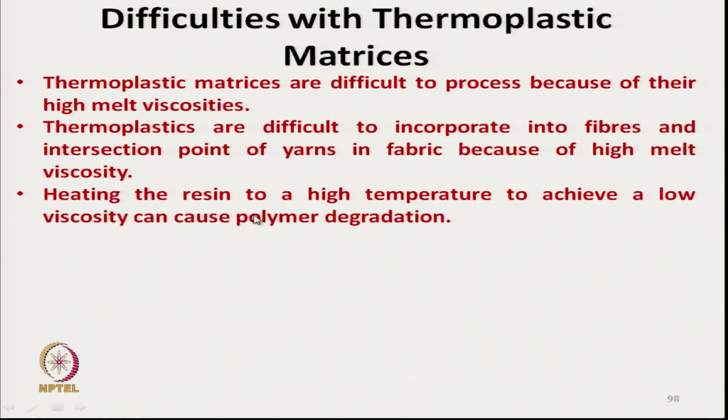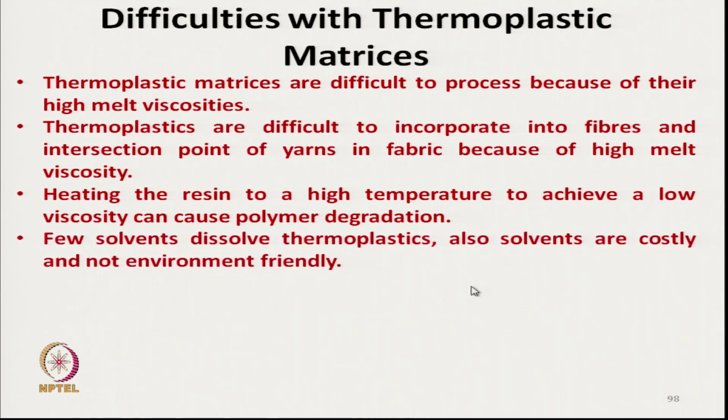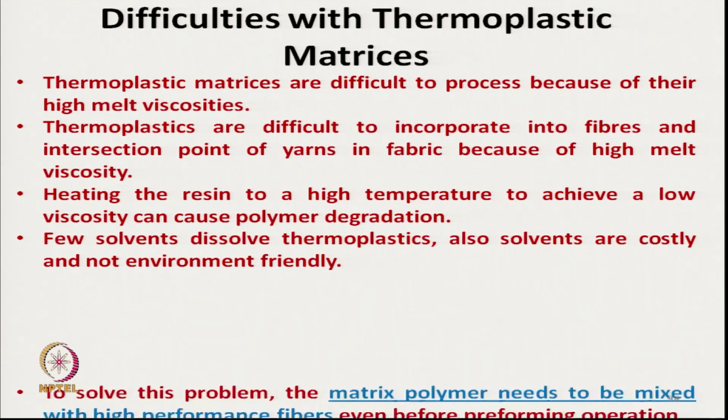So, heating the resin to a high temperature to achieve low viscosity can cause polymer degradation. There are few solvents which can be used for thermoplastic, but they are very expensive and are not generally environment friendly, that is why they are not so popular.